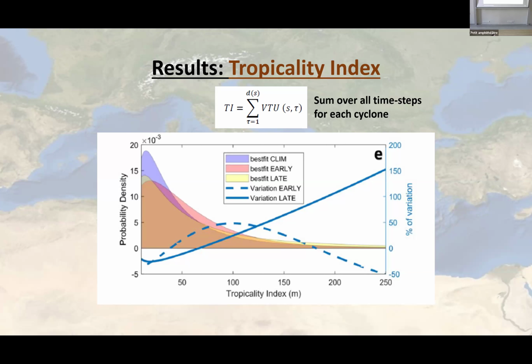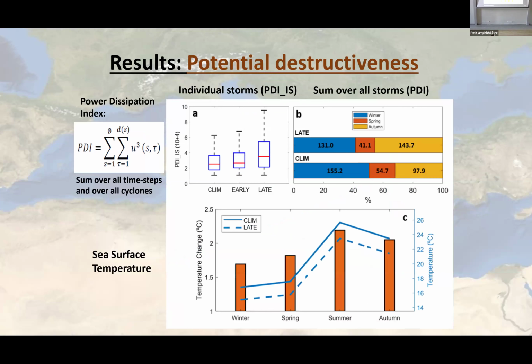We find that these cyclones tend to have an increase in this index, so they tend to be more in the stage of a deep warm core. We also studied the power dissipation index. The main idea is that we find an increase of the destructiveness of the activity of these cyclones in the late runs, and mainly in autumn seasons.